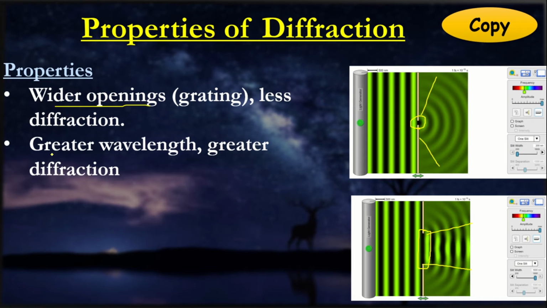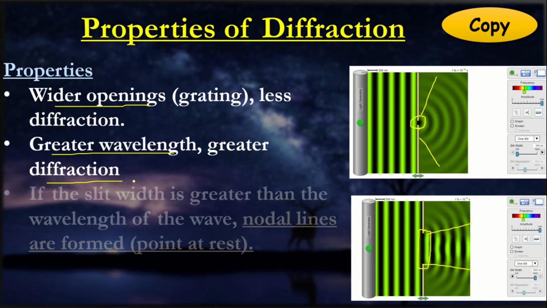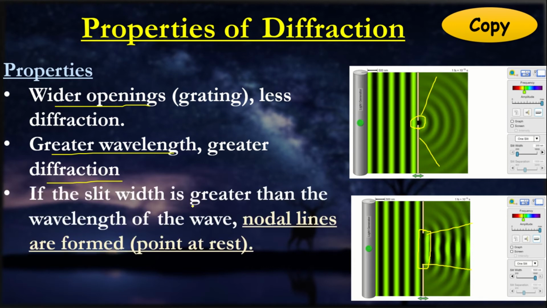If you have a greater wavelength, you have greater diffraction. If the slit width is greater than the wavelength of the wave, you get nodal lines formed, which are points at which you see zero movement.